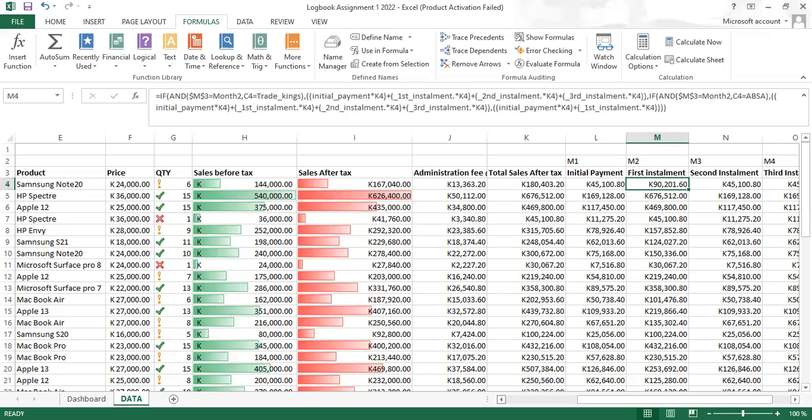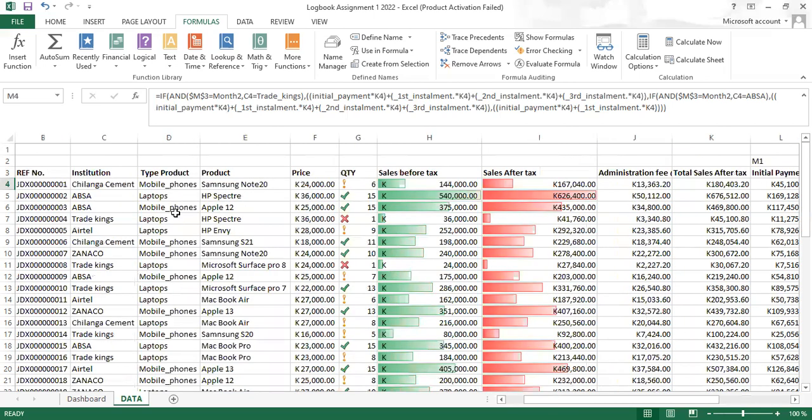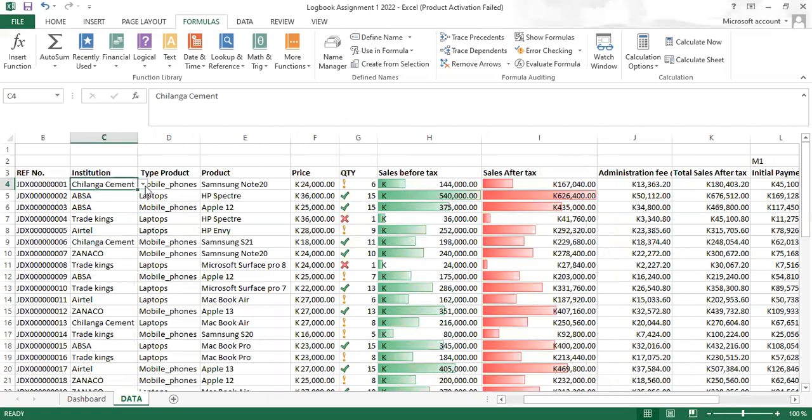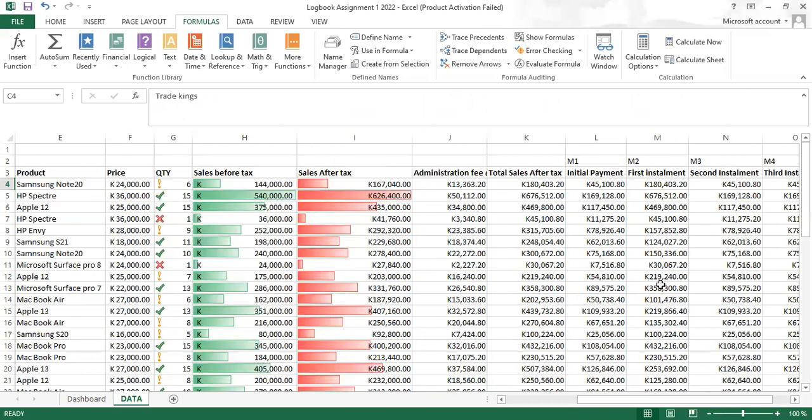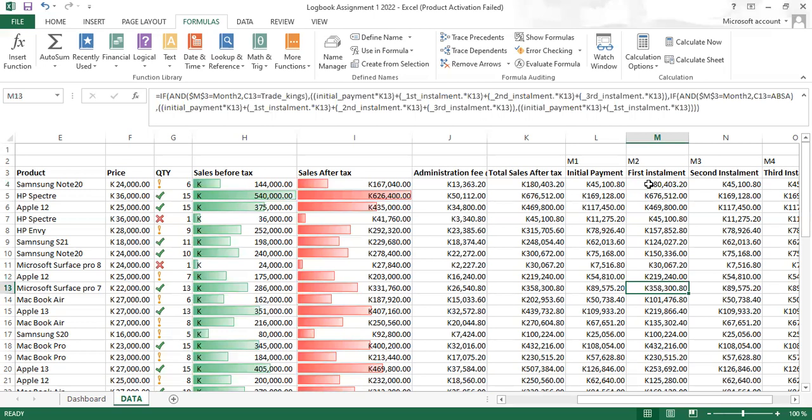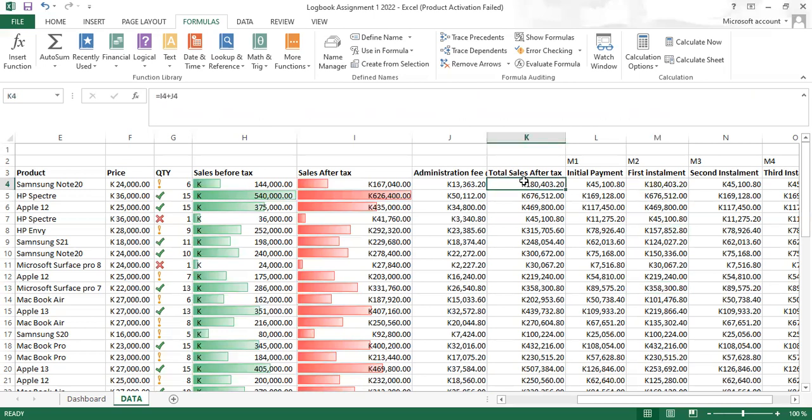So let me just give you, for example, the first transaction there. I go on Trade Kings. This one is Trade Kings. I go and check there whether Trade Kings has paid in full. You see, the first installment here, this is 180 and this is 180. It's same as the total sales, meaning in the first installment, they only paid the second installment.